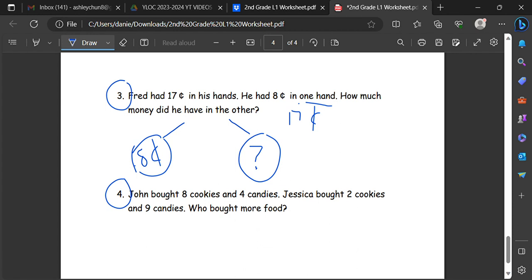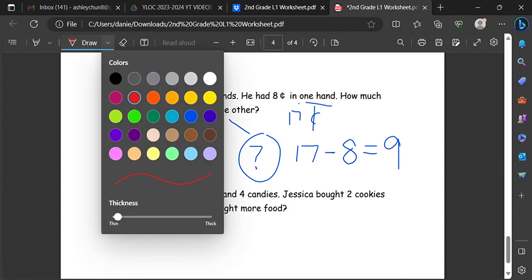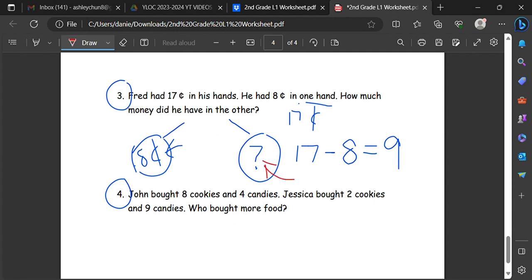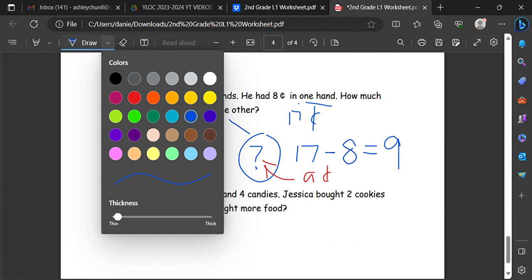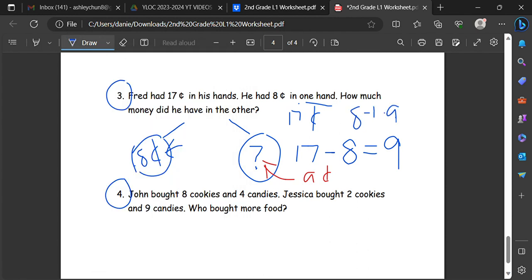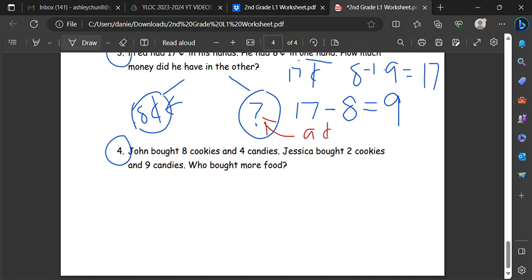Because 17 is a bigger number, you'd have to take 17 and subtract the 8 cents that we already know he has. So 17 minus 8 is 9. That tells us that in this hand he has 9 cents. We can also check by doing it the other way around: 8 plus 9 is equal to 17. So it works.